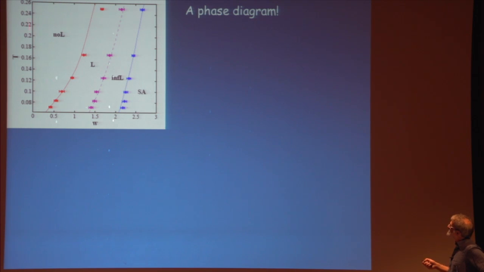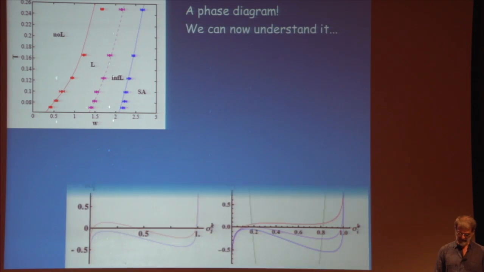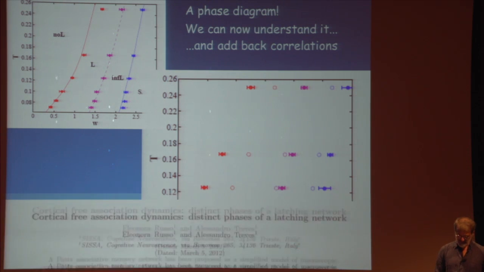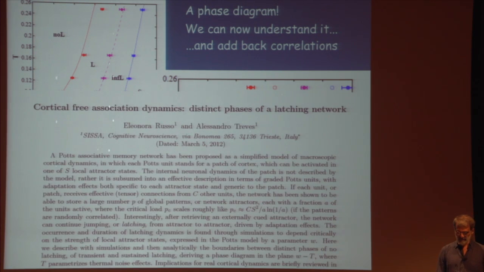You have several phases: when the network has no latching, it has latching but finite, and infinite latching, and then if this W parameter is even stronger, it goes back to a state where it does not latch. So the analysis and the simulations are more or less in agreement, and this was done in a simple case without correlations among the patterns, but you can extend it to a case with correlations. I don't want to get into the detail; it is in a paper.